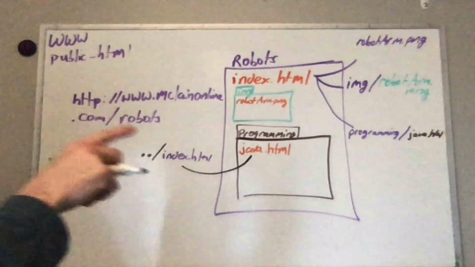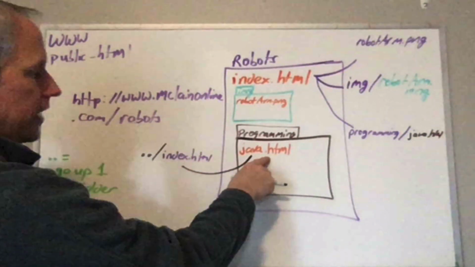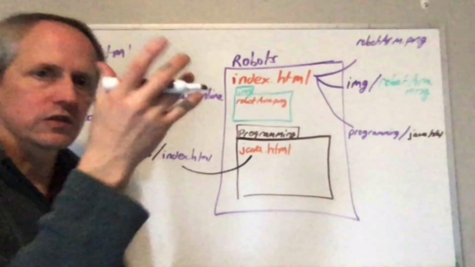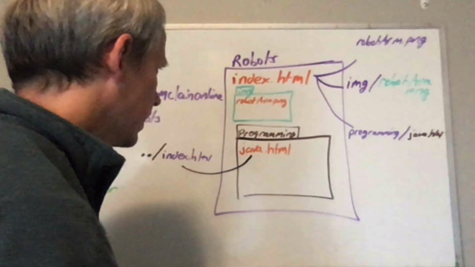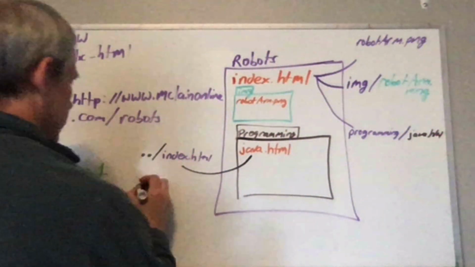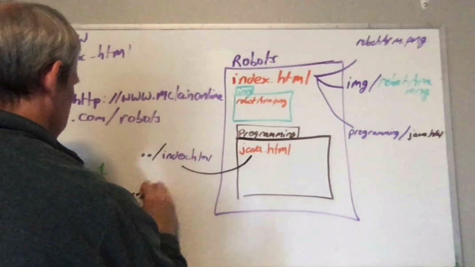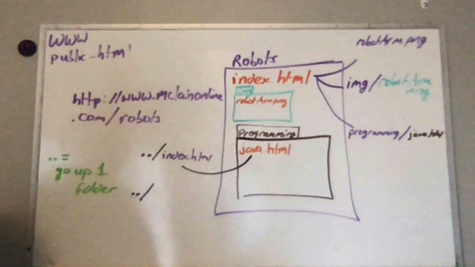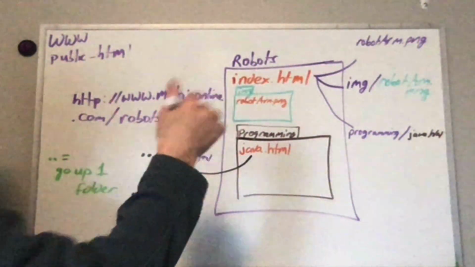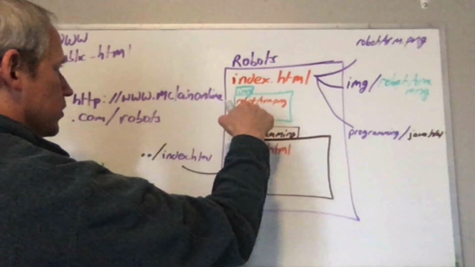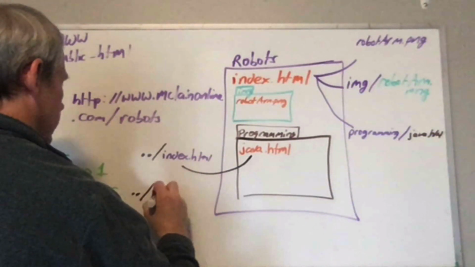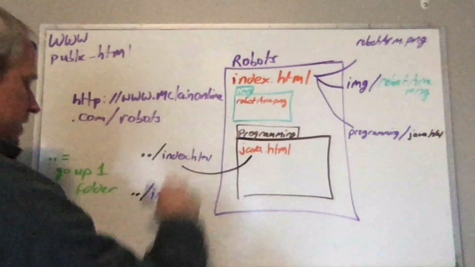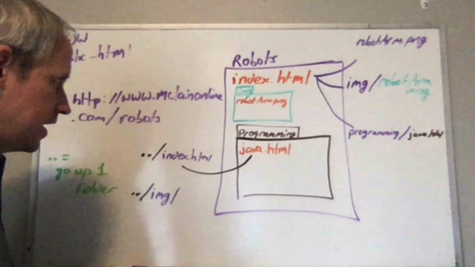So if I wanted to, in java.html, get to robotarm.png, this is where we start being able to traverse the whole thing, I would say dot dot slash, and that gets me up to purple. So now I'm in the purple folder, the robots folder, so I need to go into img. Okay, and that puts me inside the green folder, img.